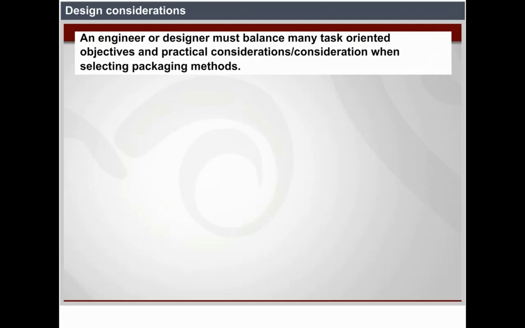Design considerations. An engineer or designer must balance many objectives and practical considerations when selecting a packaging method.